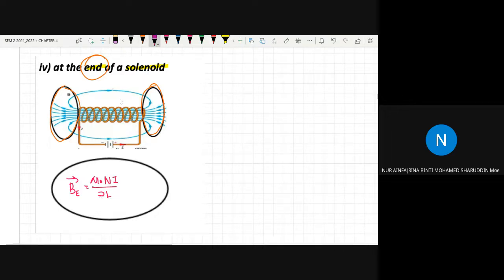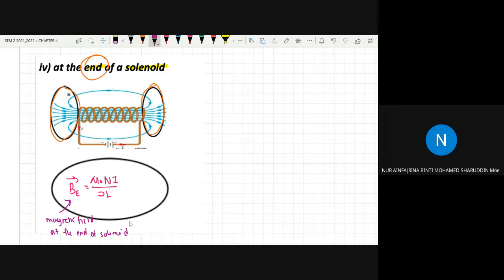So ini adalah magnetic field at the end of the solenoid. So Miss tak akan label dah sebab dia sama je macam yang tadi tu.